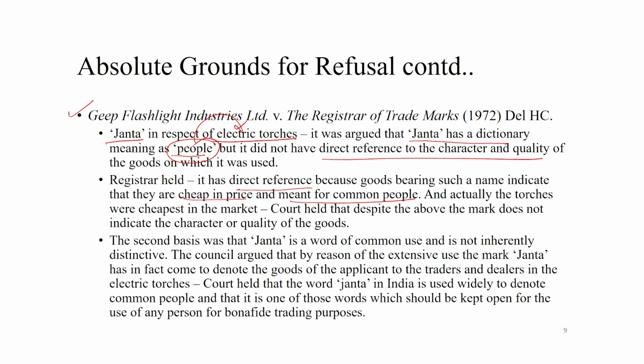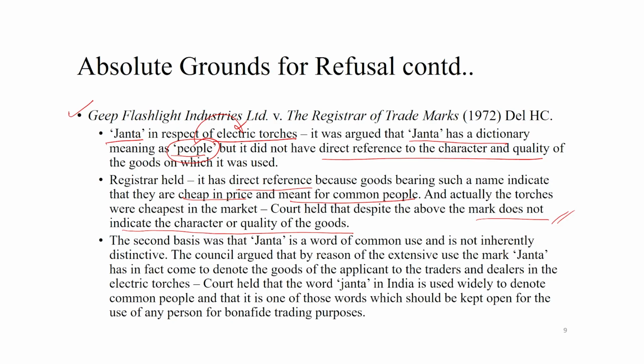The Delhi High Court held that despite the logic taken by the registrar, Delhi High Court came to the conclusion that mark does not indicate the character or quality of the goods. This is one part. The word janta, according to registrar, indicates that the product sold under this trademark are cheap products and are meant for common people, whereas the court held otherwise.